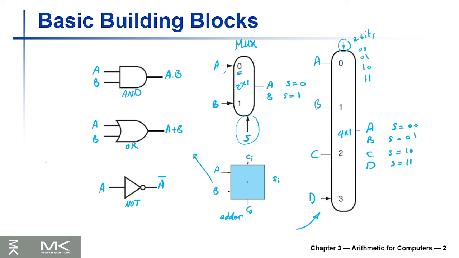For example, let's add 1 1 1. A is equal to 1, B is equal to 1, and the carry input is equal to 1. So 1 plus 1 plus 1 is 3. 3 means you have a sum of 1 and a carry of 1. So the output will be 1 1 as you see here.